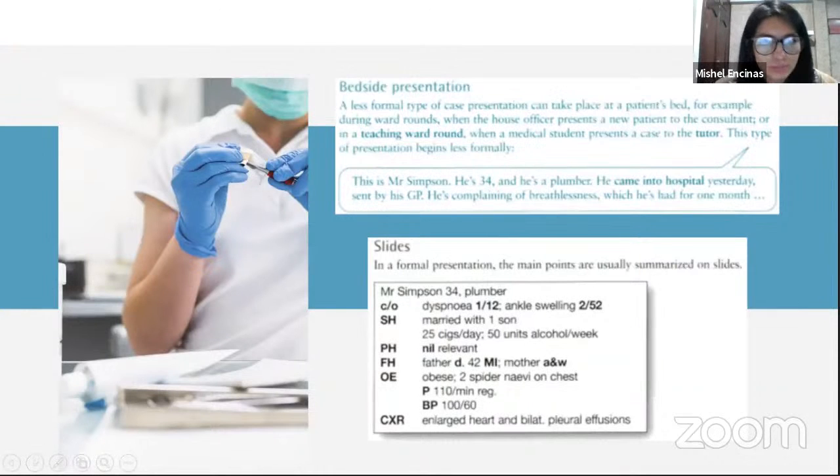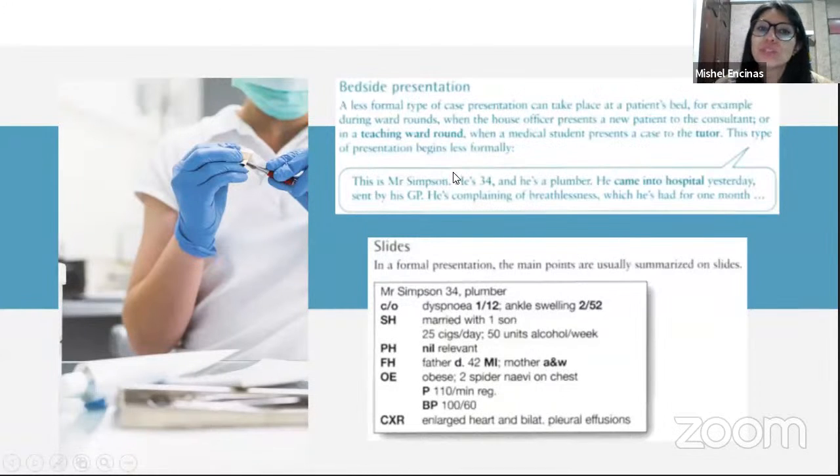Bedside presentation. A less formal type of case presentation can take place at a patient's bed. For example, during ward rounds, that is what you do when the house officer presents a new patient to the consultant, or in a teaching ward round, when a medical student presents a case to the tutor.